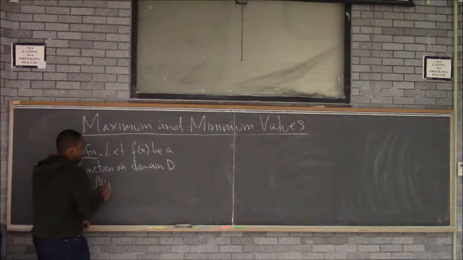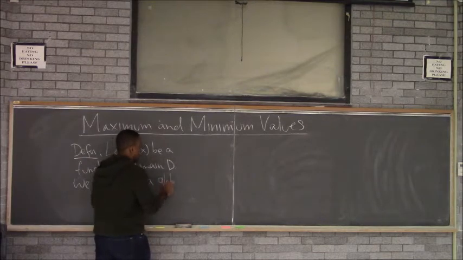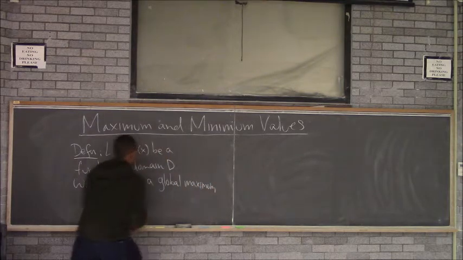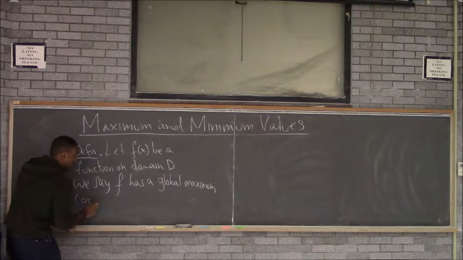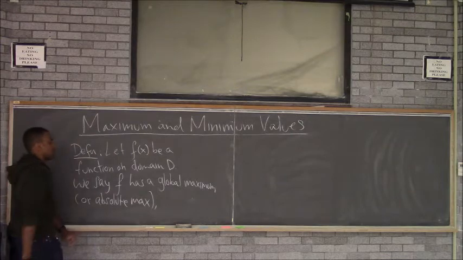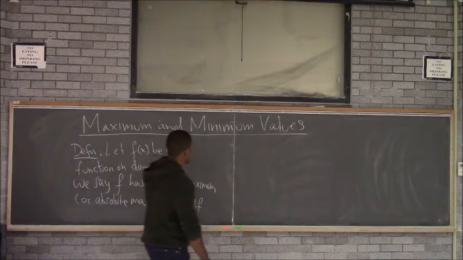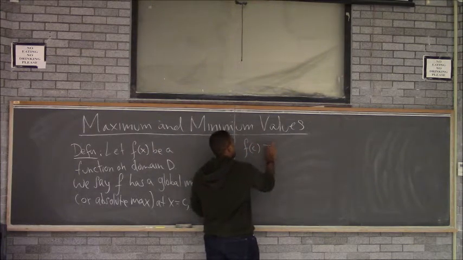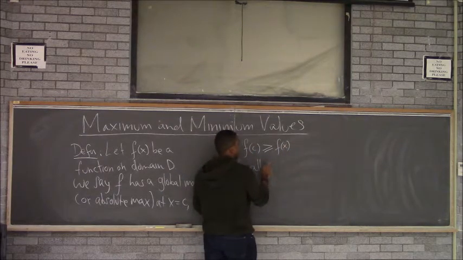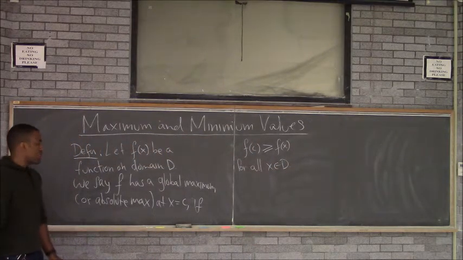We say f has a global maximum or absolute maximum at x equals c if the following holds: if f of c is greater than or equal to f of x for all x in the domain. This is called a global maximum.